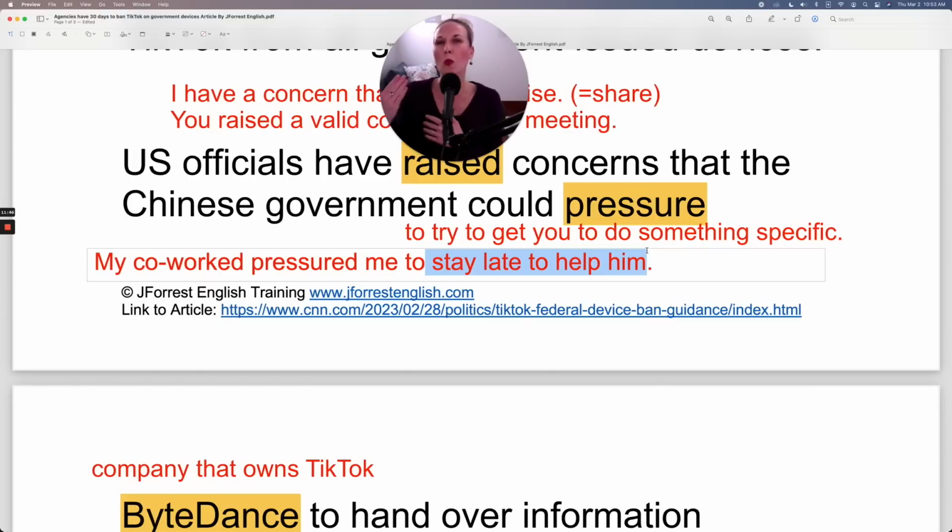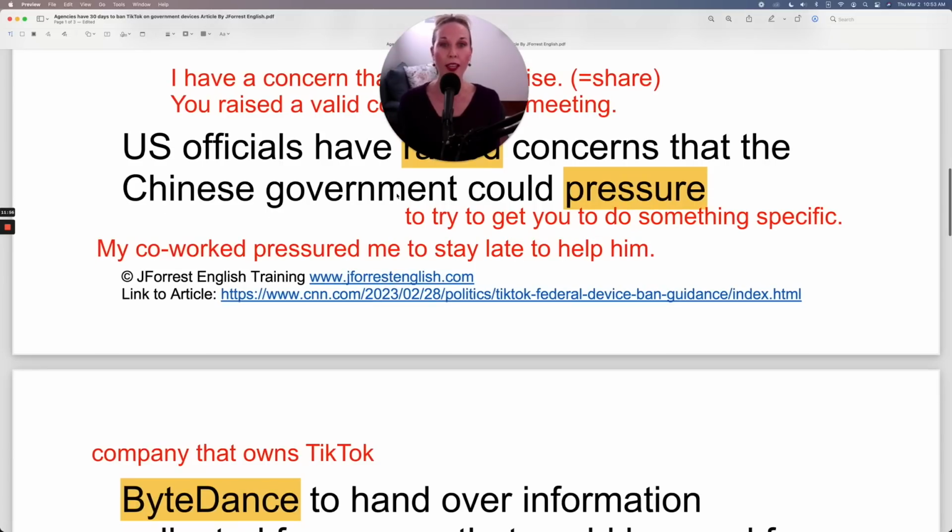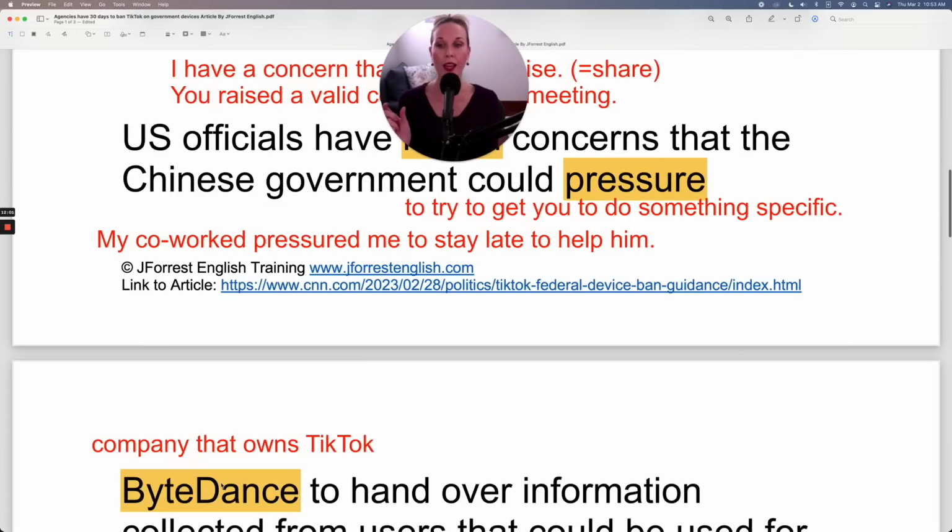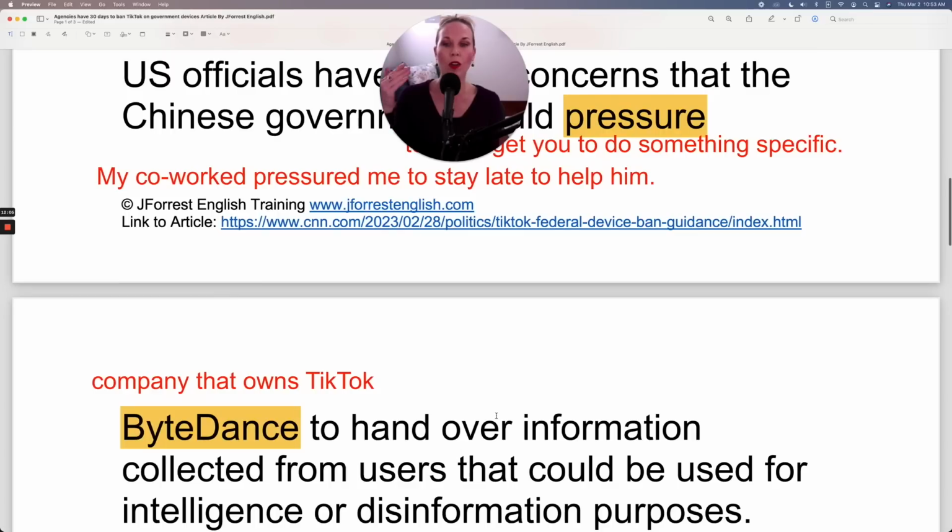So those are the ways that someone could pressure you. Usually with an argument. It could also be by trying to offer you something as well. So the Chinese government could pressure ByteDance, the owners of TikTok, to hand over information.